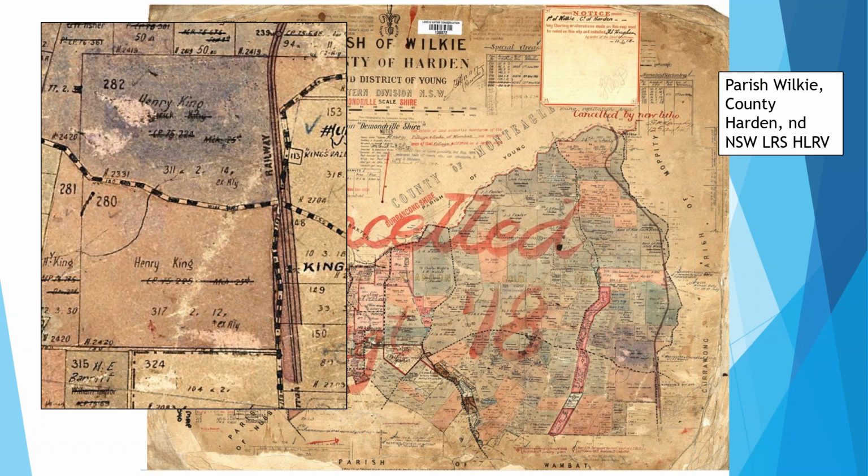It's a conditional purchase taken out in 75. It's the 225th conditional purchase taken out for that year, and the date it was taken out was March the 25th. Now, the fact that the line's through that would tell me that at some stage Henry King has managed to pay that off and now owns that land freehold, but back at the time that the map was drawn, he didn't.